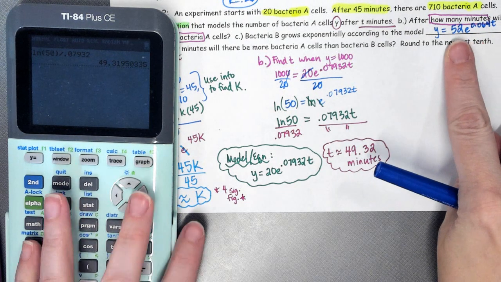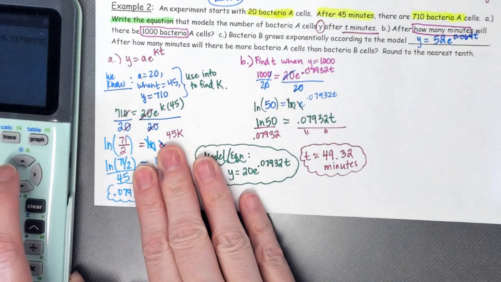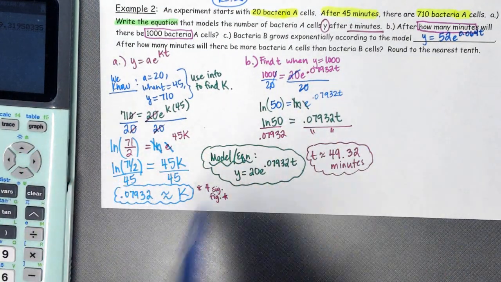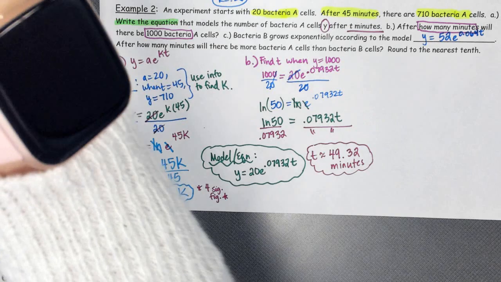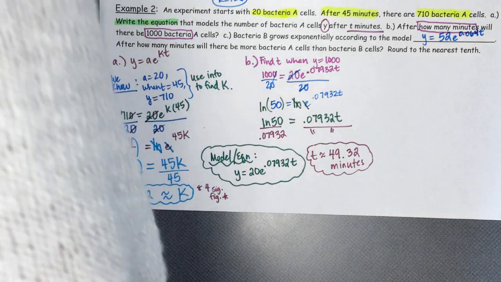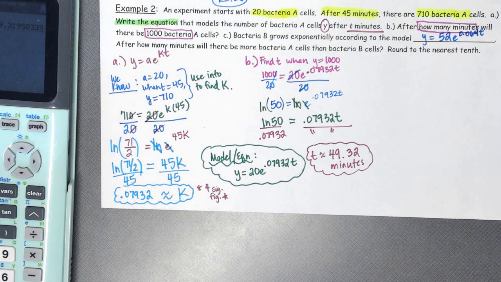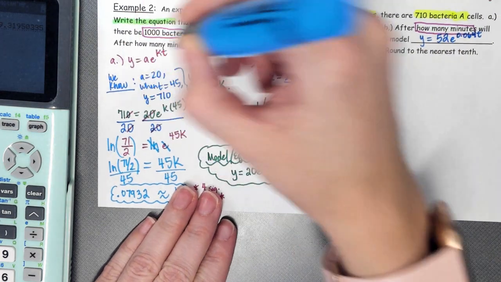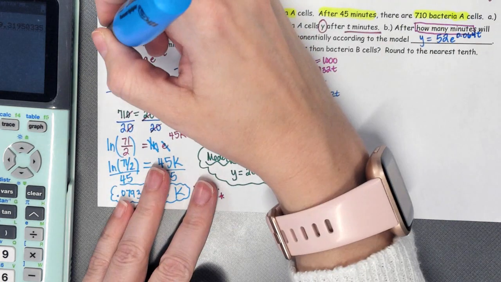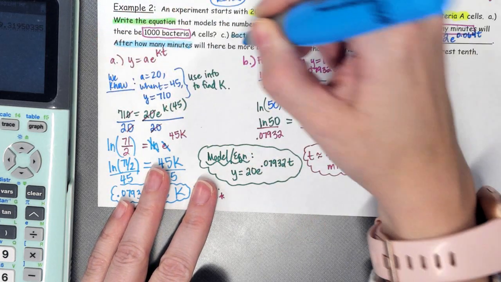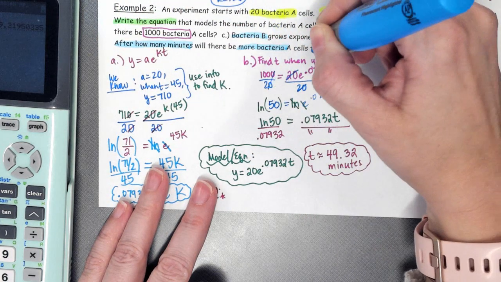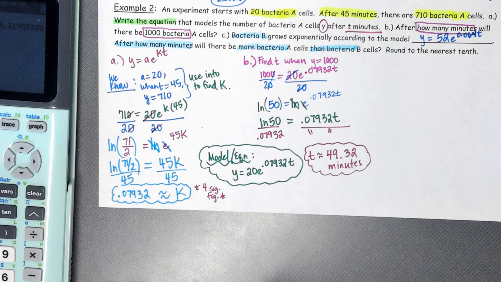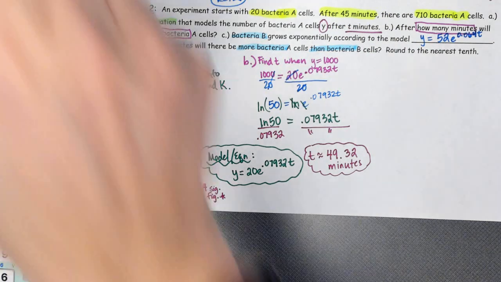So they're telling you that this is the model for this second bacteria. We were talking about bacteria A. Bacteria B is coming along here. What we have to find for this bacteria is how many minutes there will be more bacteria A than bacteria B, and that we're going to round to the nearest 10th, it says.